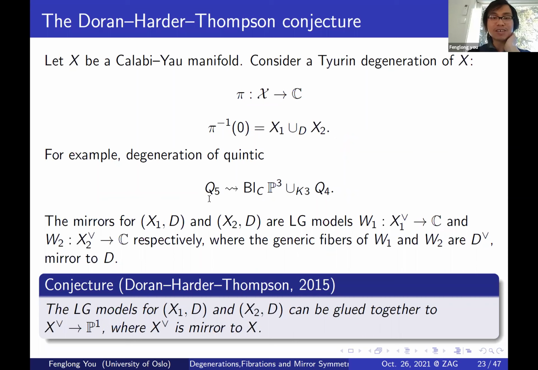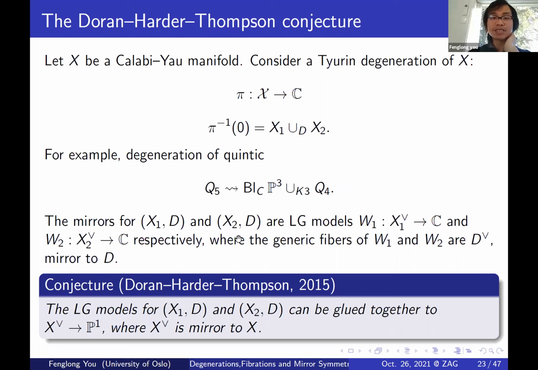Again, we can consider an example, which is a quintic threefold degenerating into a blow-up of P3 and a quartic. And in this case, we consider the mirror of these two pairs, which are Landau-Ginzburg models.